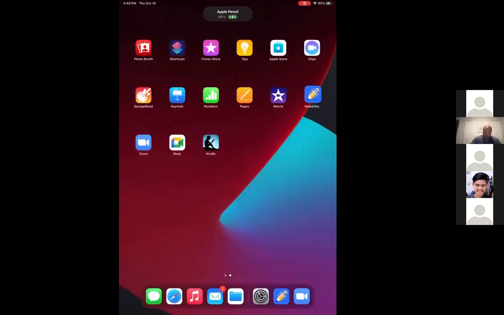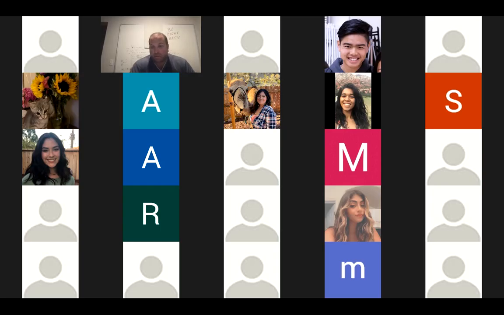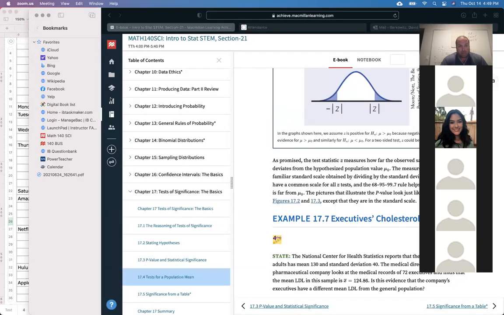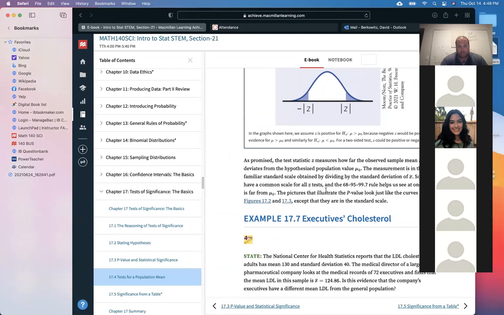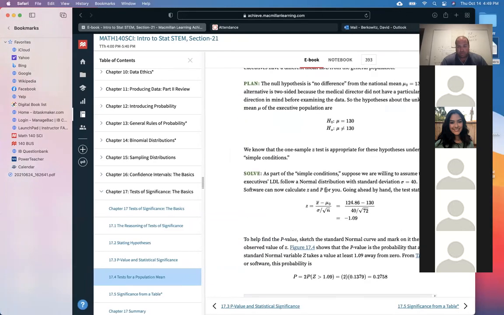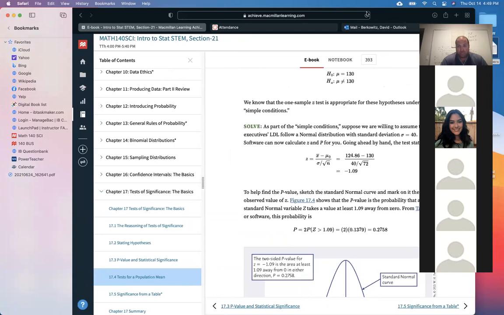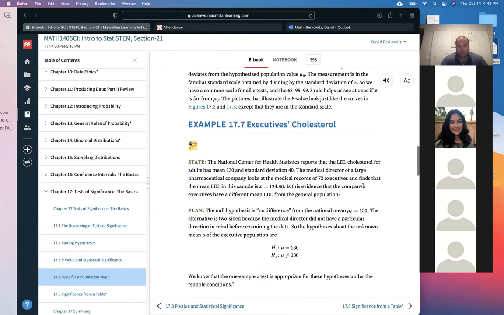So I'm going to stop sharing here. And I will start sharing here. And we will go, for this example, we will go to, is there a crunch it on this?